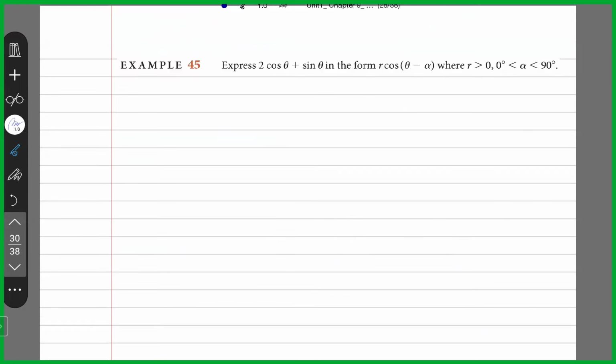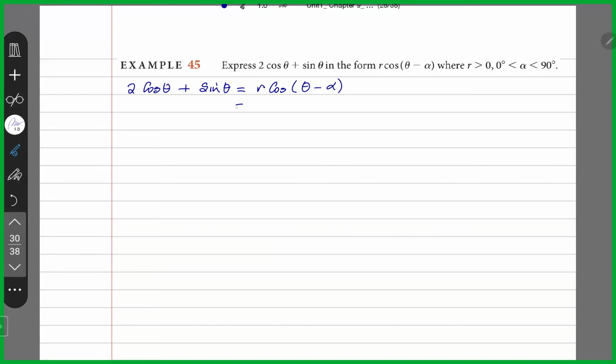Example 45 is asking us to express 2 cos theta plus 1 sine theta in the form R cos(theta minus alpha). So R we know is greater than 0, R is positive, and alpha is between 0 and 90 degrees.